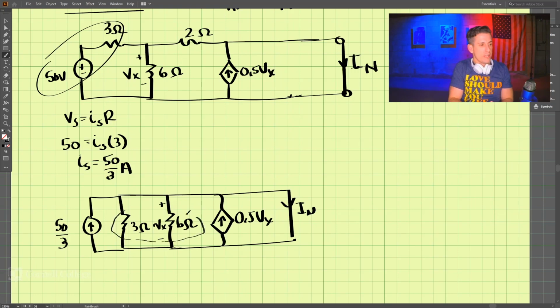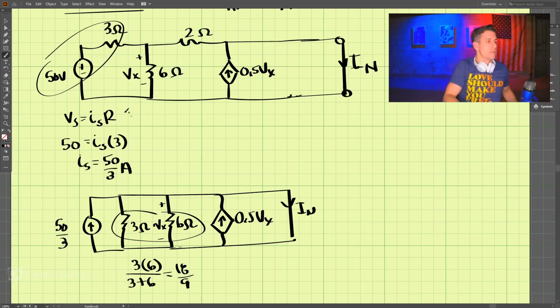So these two are in parallel with each other. So we have 3 times 6 divided by 3 plus 6. That is 18 over 9, which is 2. So we have 2 there.